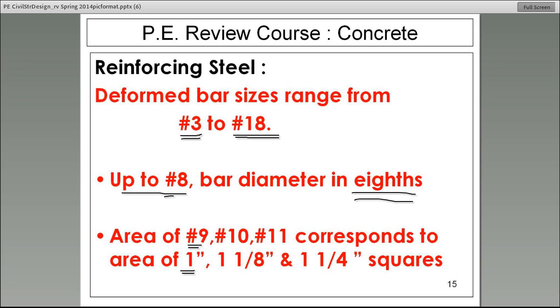So what's the area of a number 9 bar? 1 square inch. All right? And the area of a number 10 corresponds to the area of a 1 and 1/8 square, and number 11 has this correspondence. All right?